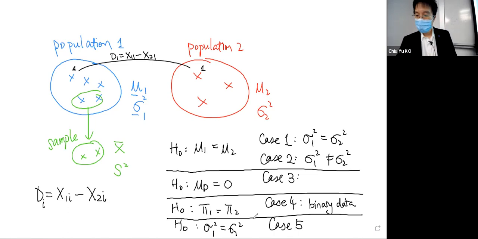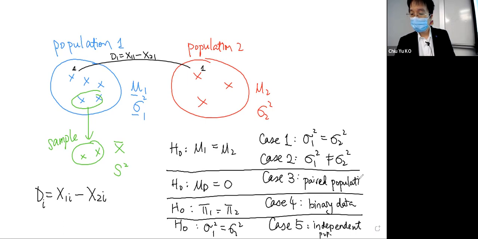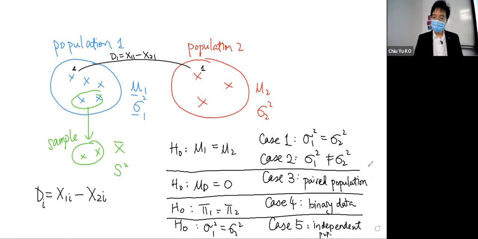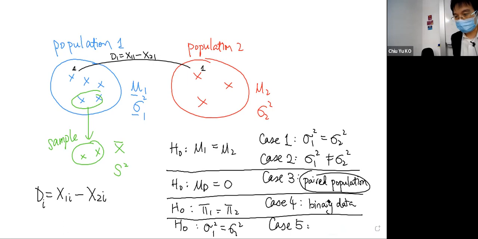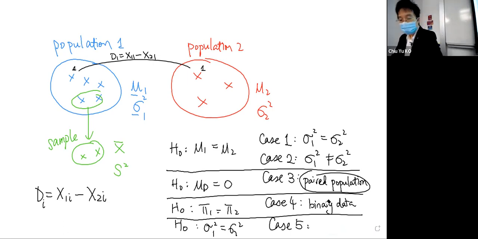Here we have independent populations. Only case 3 is paired, all the others are independent. Except for case 3, everything is independent, so that is a better description of what we are doing for the second part.